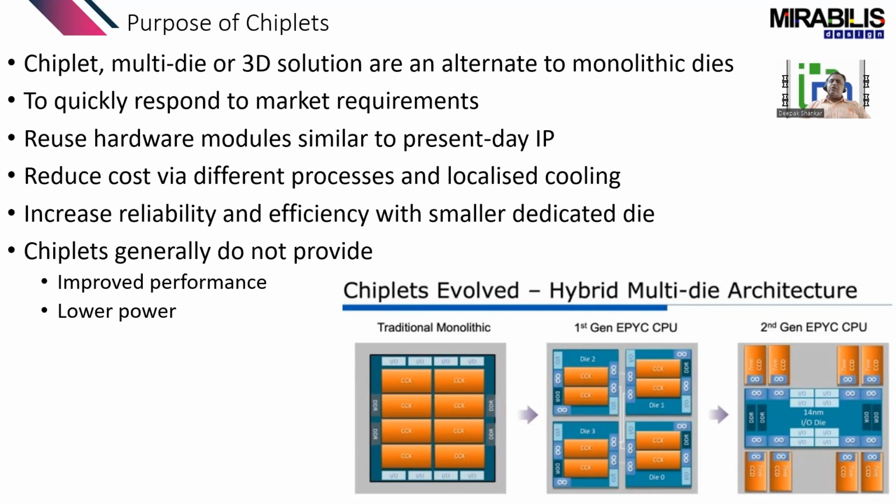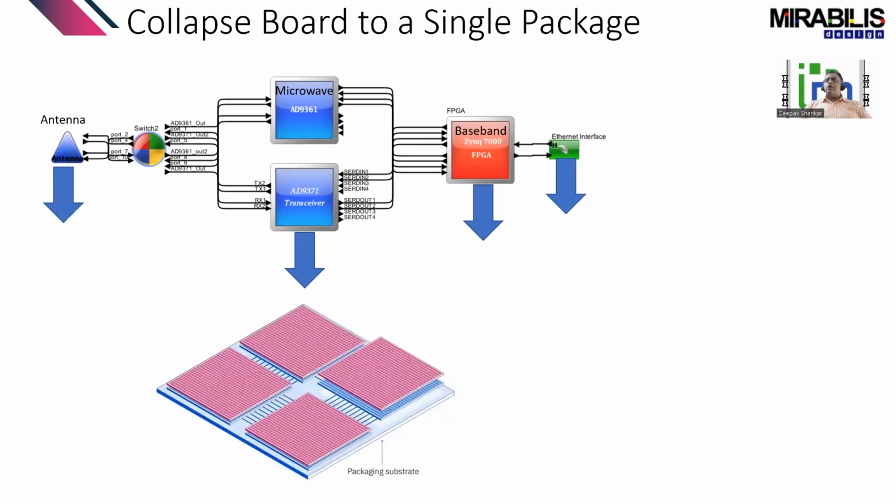One of the things that generally does not happen with chiplets, and something a lot of people should be aware of, is that you don't necessarily get improved performance or lower power just because you transition to a 3D IC. One of the original concepts and the motivation for multi-die was to collapse a complete board into a single package.